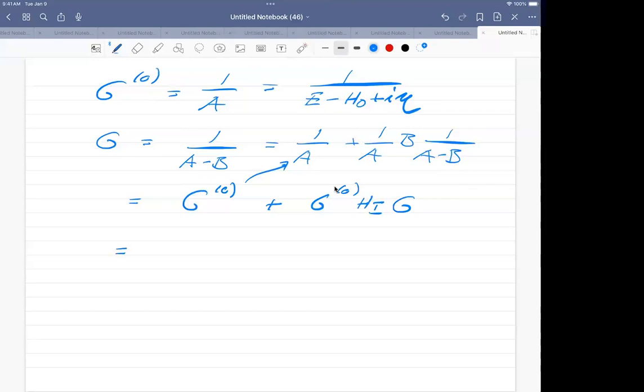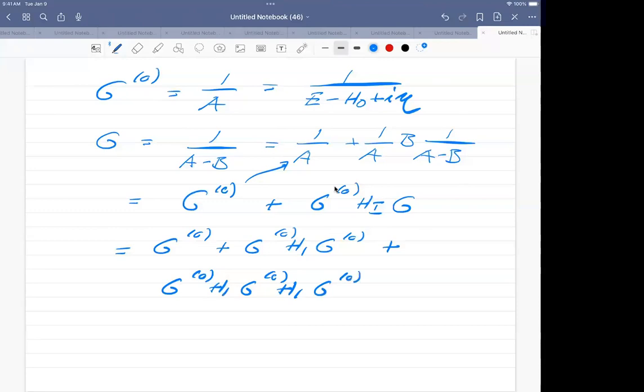So we can rewrite this as G0 plus G0 H_I G0 plus G0 H_I G0 H_I G0 plus plus plus, as we did when we set up many-body perturbation theory.